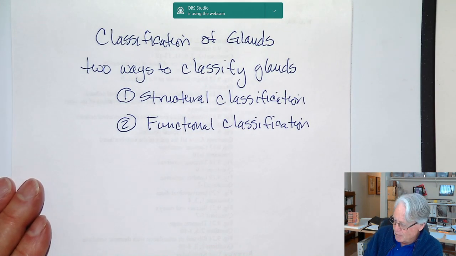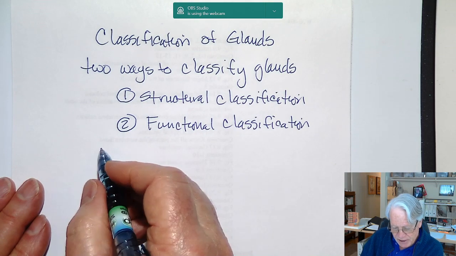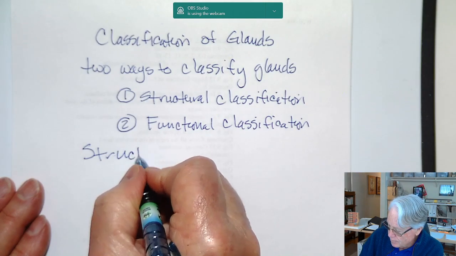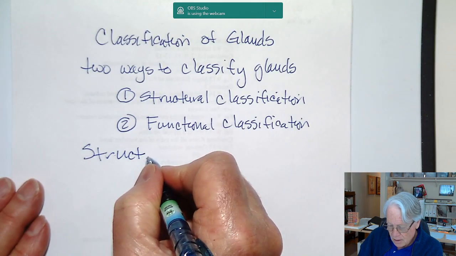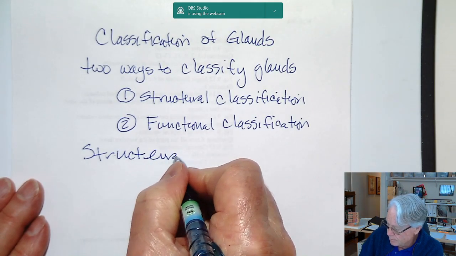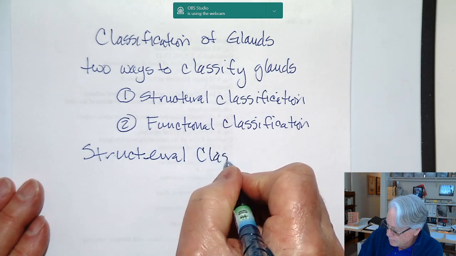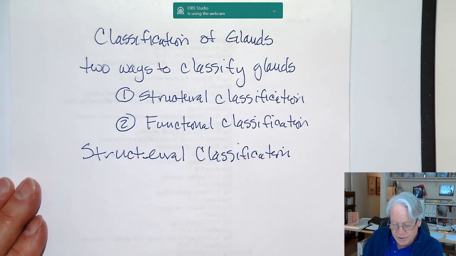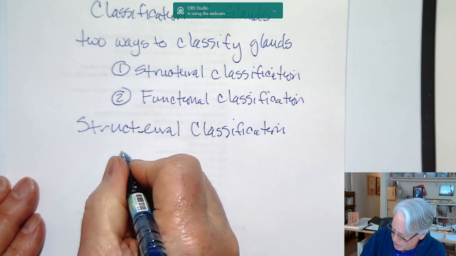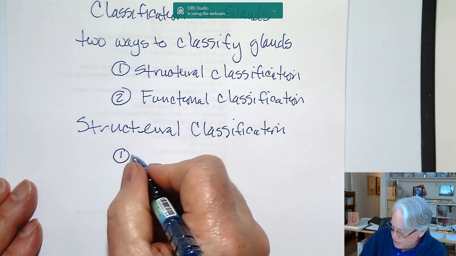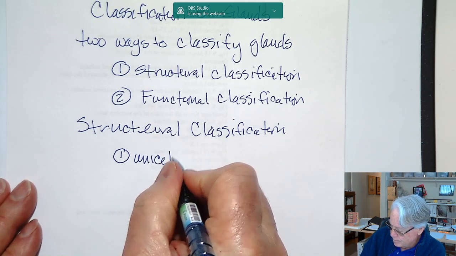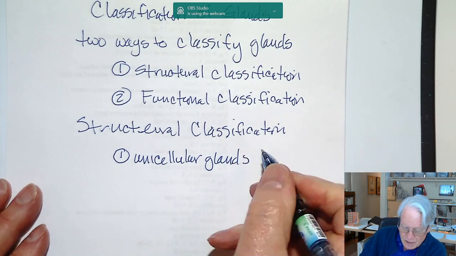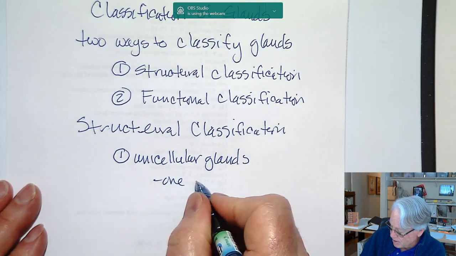So let's talk about the structural classification. And in structural classification, we have two broad categories. Number one, unicellular glands. This is one cell.